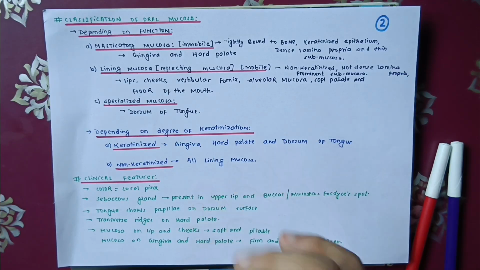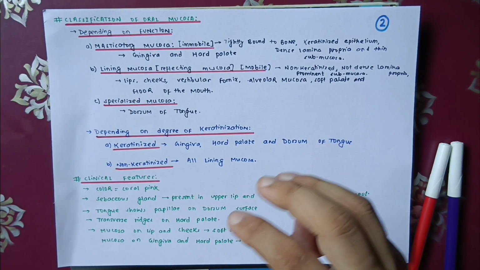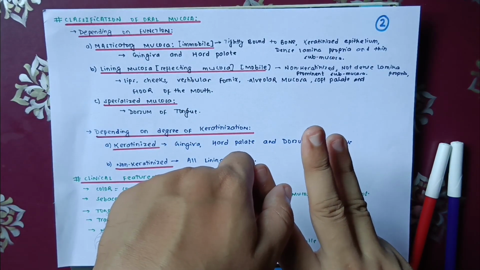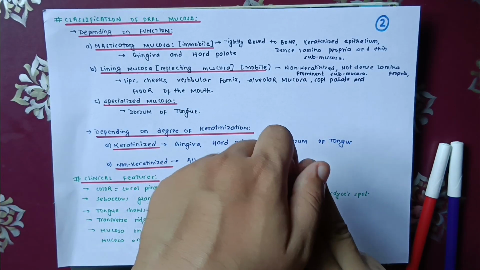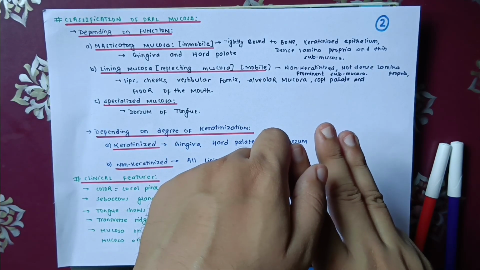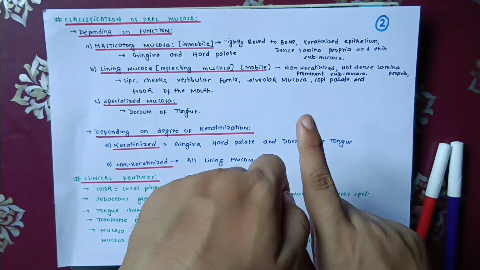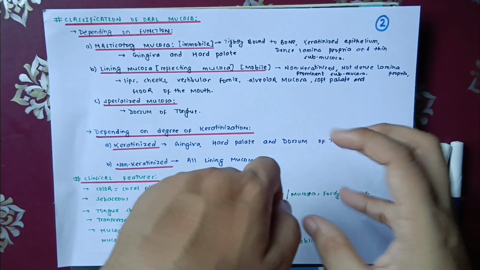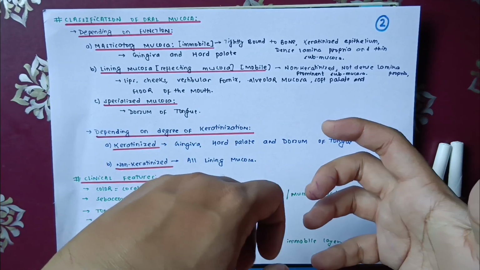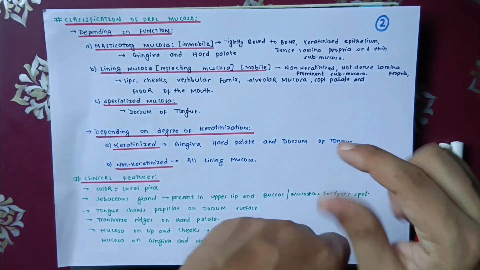I will repeat once again that depending upon the function, there are three different kinds of oral mucosa. First is masticatory mucosa, another is lining mucosa, and third is specialized mucosa. The masticatory mucosa is immobile and tightly bound to the bone, keratinized, with dense lamina propria, so it is quite a strong mucosa, but the submucosa is thin.